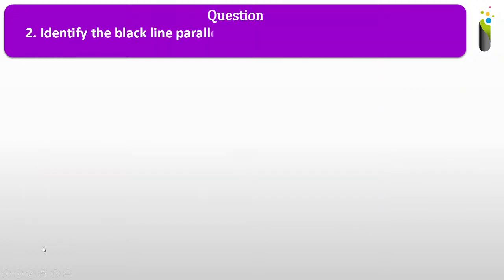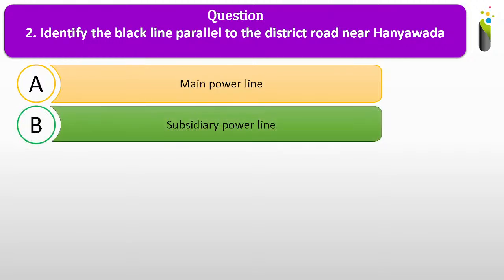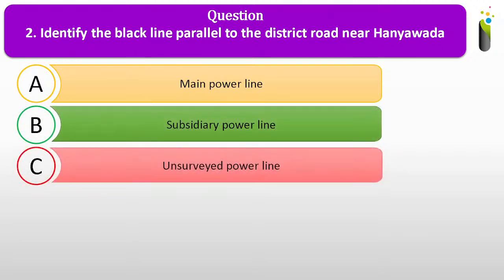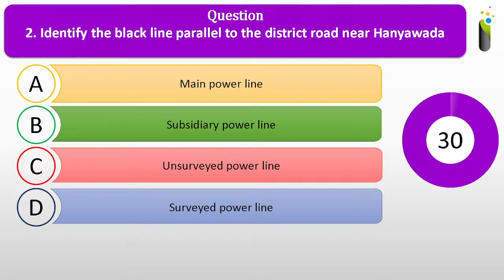Your options given are A. Main power line. B. Subsidiary power line. C. Unsurveyed power line. D. Surveyed power line. And your time starts now.